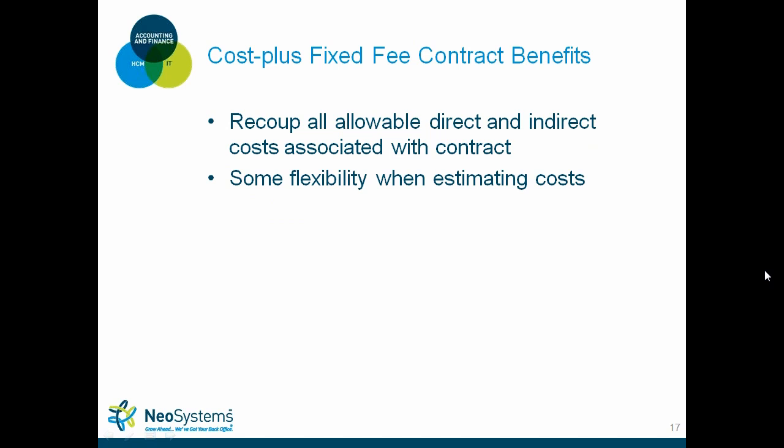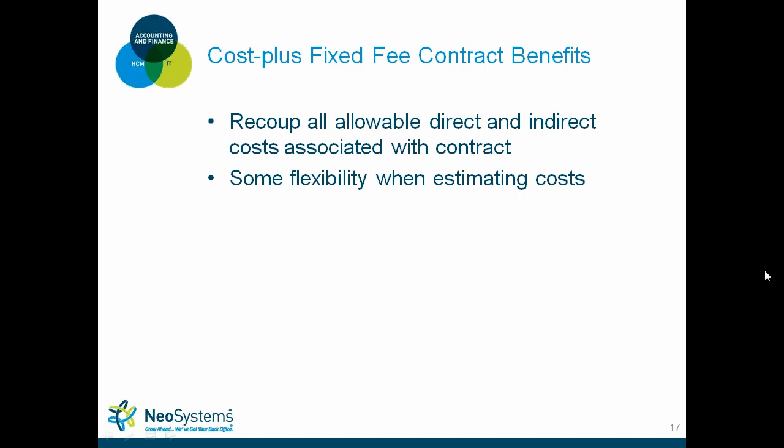The benefits. There are some benefits to cost plus work. One is that it really gets you on the DCAA map. That can be a benefit, and that could be actually a disadvantage for a company as well. But it gives you almost like an ace in your pocket saying that, hey, I've been reviewed by DCAA, I've gone through a system audit, and DCAA's found my company adequate to bill the government.